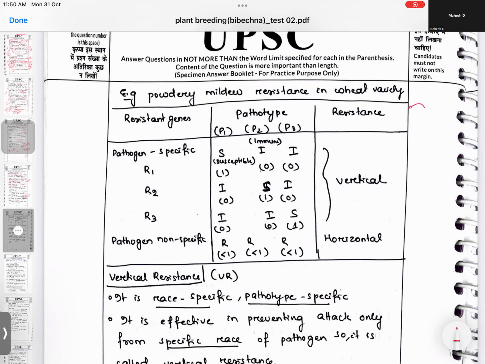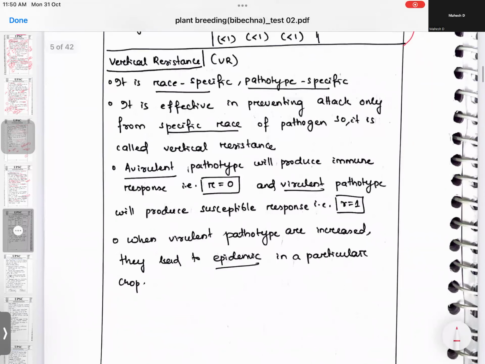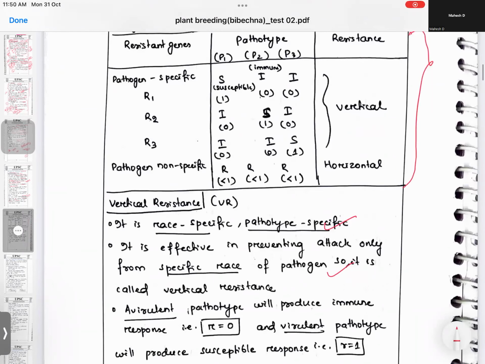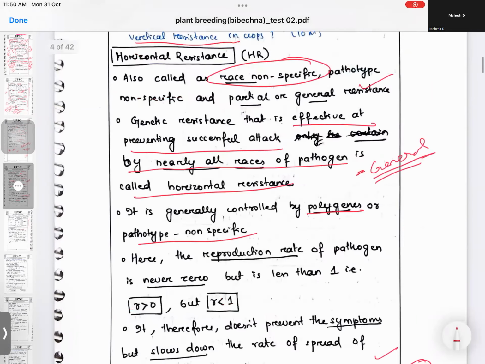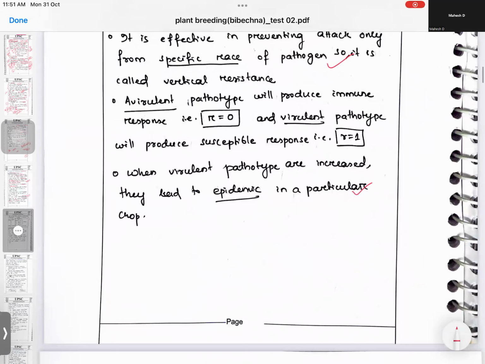Rather than going into details about pathotype and these things, you could also have discussed its effect, for example what happens in case of vertical resistance. You should give the names of some varieties also.